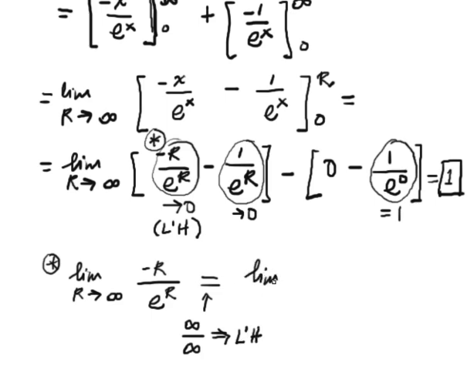So we have the limit as r goes to infinity of minus 1 on top and e to the r on the bottom. Now we no longer have something of the form infinity over infinity. The top stays at minus 1 and the bottom's going to infinity, so this limit is 0, like we said. All right, so that finishes the calculation.